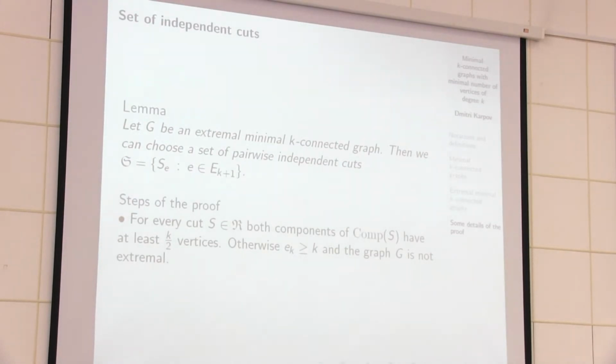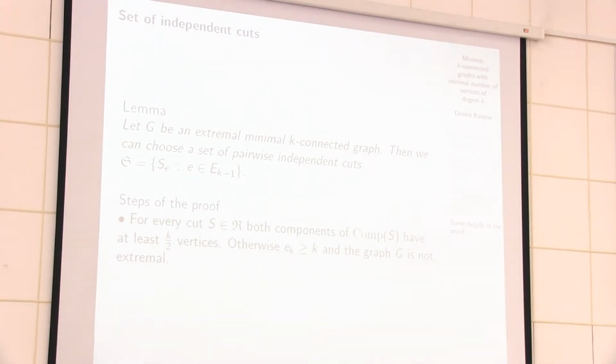And the first step of the proof was the most complicated for me. The first is to show that for any cut S, both components of the graph G minus S, after deleting the set S, have at least k/2 vertices, half of k vertices.